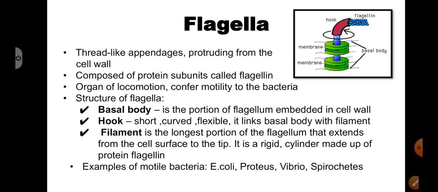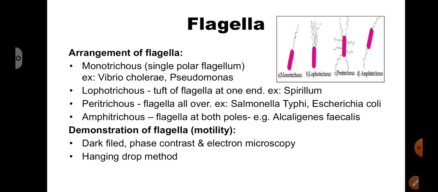Next is the filament, which is the longest portion of the flagella, extending from the cell wall to the top. It is very rigid and cylindrical and made up of the protein flagellin. Examples of motile bacteria are E. coli, Proteus, Vibrio, and the spirochaete Treponema pallidum.